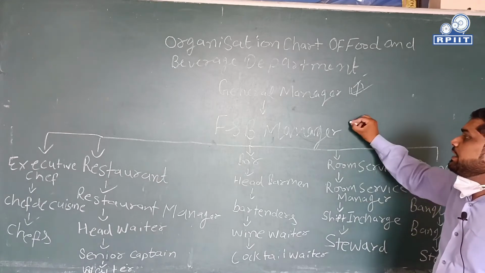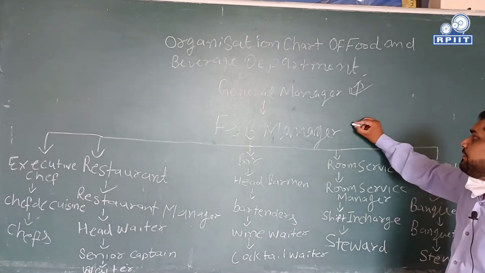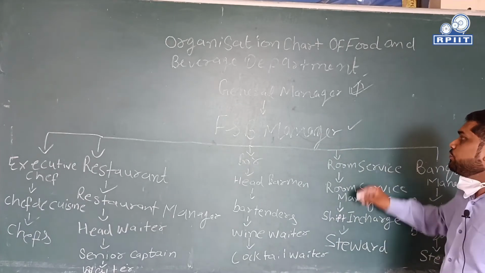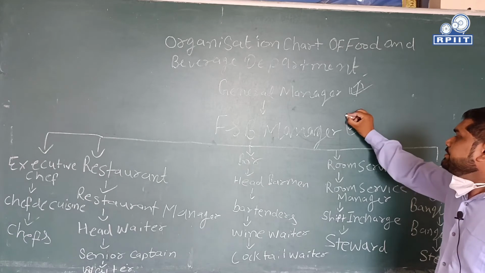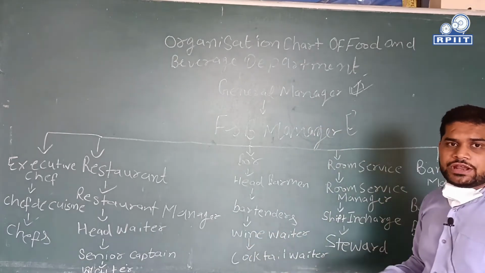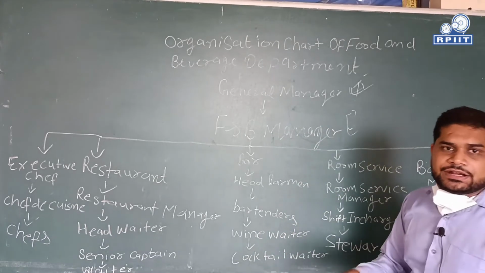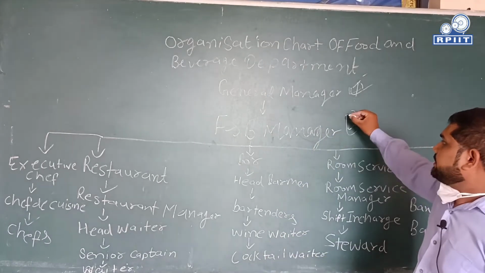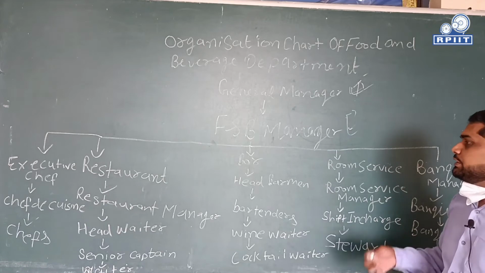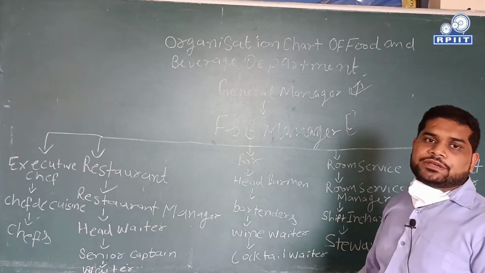Now the F&B manager, meaning the food and beverage manager. The food and beverage manager is the head of the F&B department in the hotel, and handles each work, for example increasing the sales of the food and beverage department. They come up with new inventions and find new ideas, so that the food and beverage sales will increase in your hotel. That way more parties will come to your banquets, and more guests will come to your restaurant.